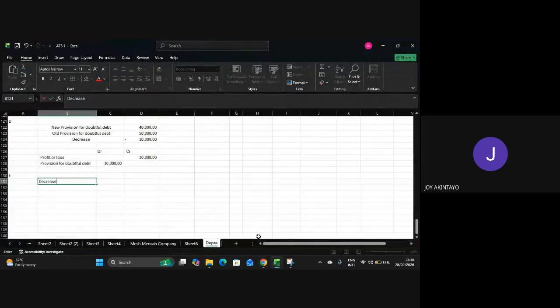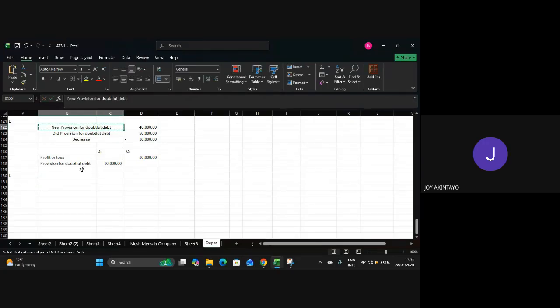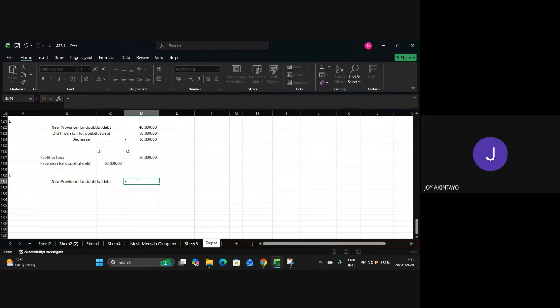So we say new provision for doubtful debts will just be equal to 7.5% times 500,000. So what do we have?